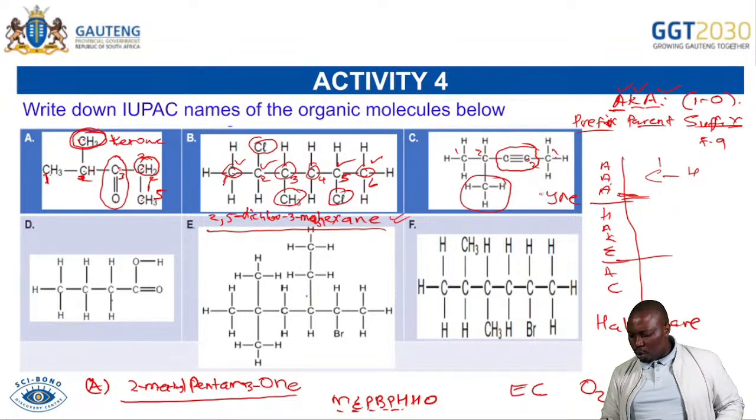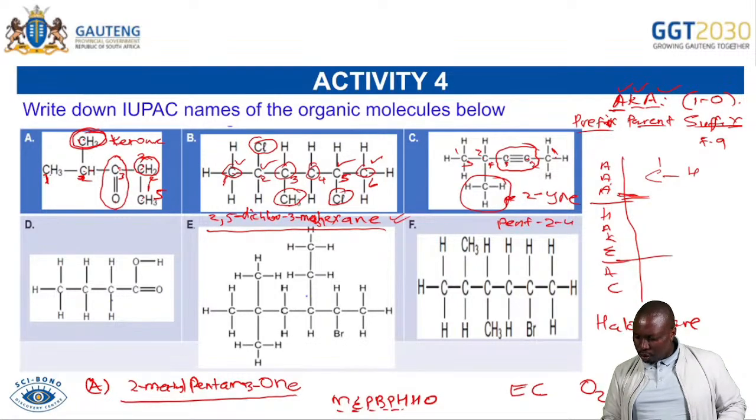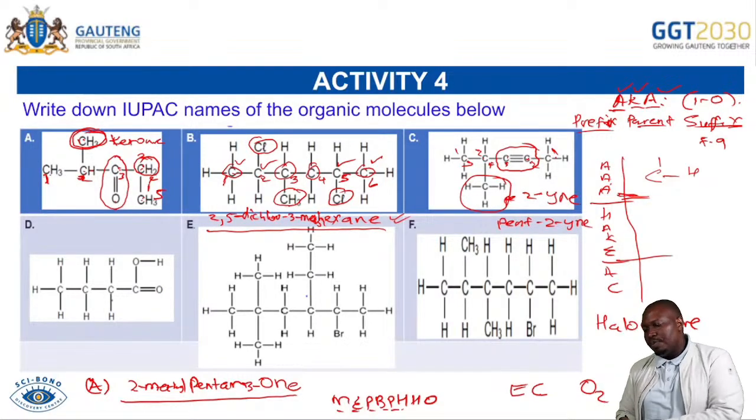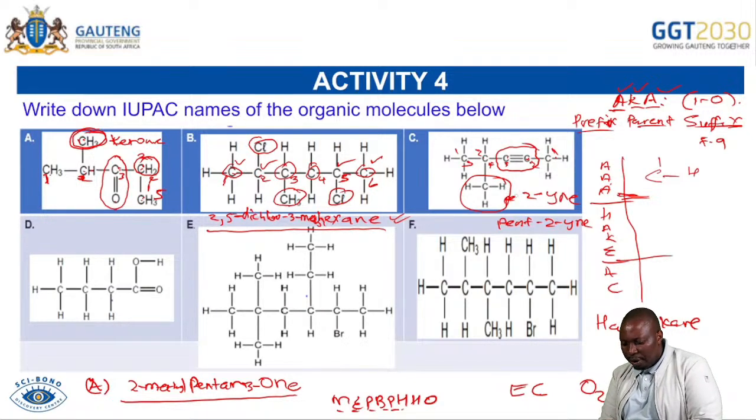So this will be 2-yne, which means you will number from the right: 1, 2, 3, 4, 5. So it's pent-2-yne, let me write it here. And then you must check in which carbon we find the methyl: in carbon number 4. So you'll say this is 4, don't forget the hyphen, 4-methylpent-2-yne.